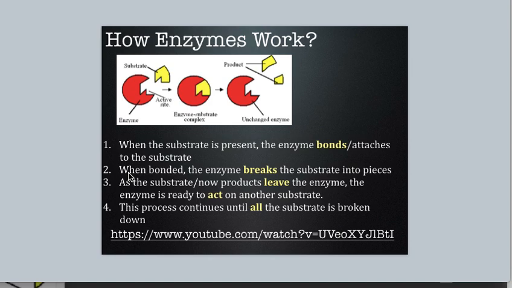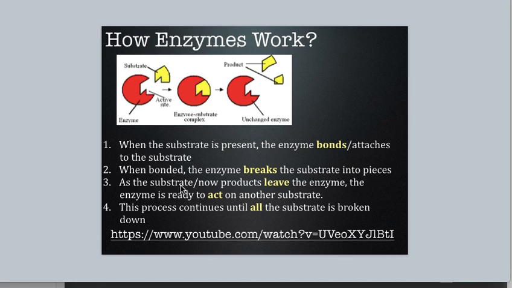And these are the notes that explain how it works. So just like in your notes, step 1, when the substrate is present, the enzyme bonds or attaches to the substrate. So the enzyme joins with the pepperoni. When bonded, the enzyme breaks the substrate into pieces.